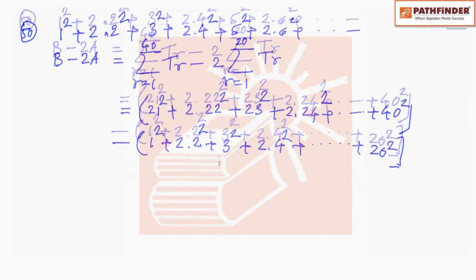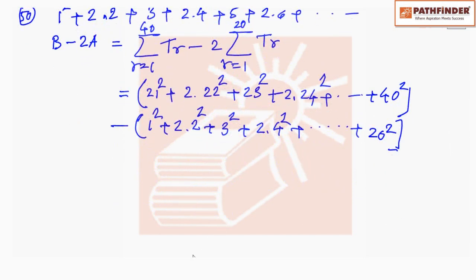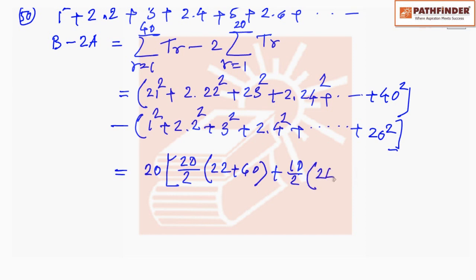Now calculating this particular part is obvious, as we know the different formulas of squares and series of squares. So the final answer is given as 20 into... because we are just keeping this calculation part. 22 plus 60 plus 10 by 2, it will be 24 plus 60.